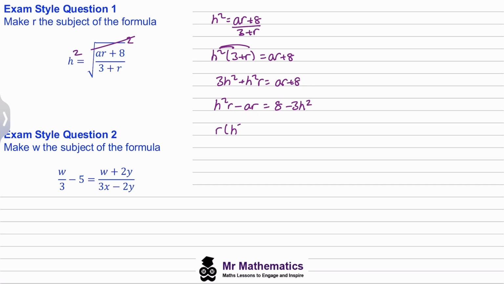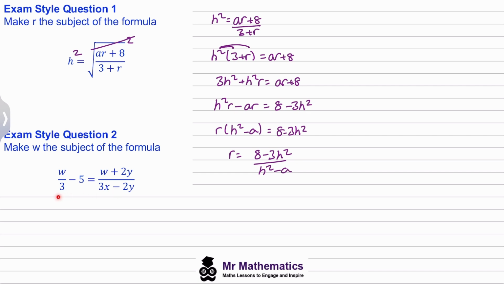This will give us h squared minus a. And then finally, we'll divide both sides by the h squared minus a. So r will equal 8 minus 3h squared over the h squared minus a.